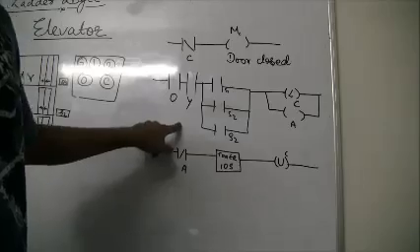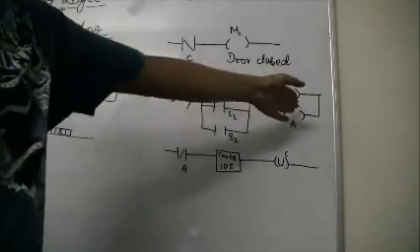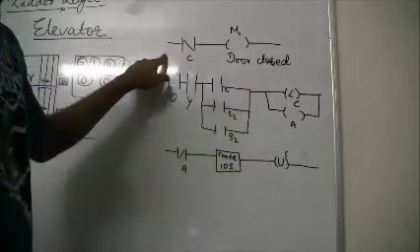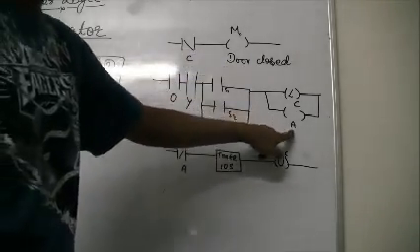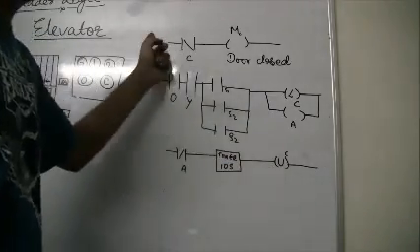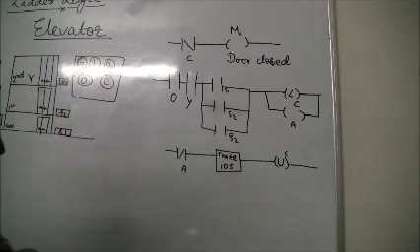Then it checks the condition, whether the lift is on S1, S2 or S3. If not, it stops. It would not open the door. But if yes, it continues and latches C. That would open the door and also switch on A. A would switch on, the 10 seconds triggered, and again switch back C. So this is how we have functioned the opening and the closing of the door.